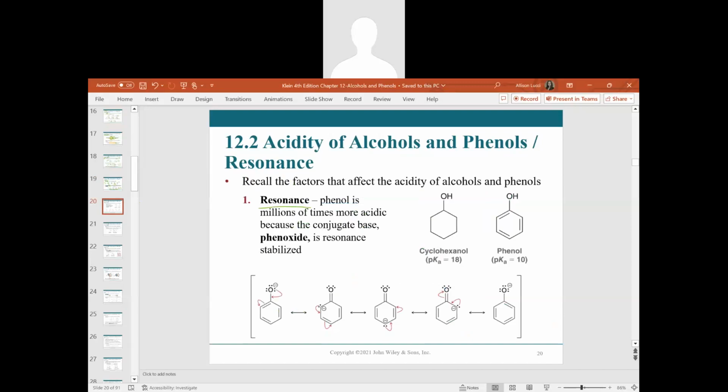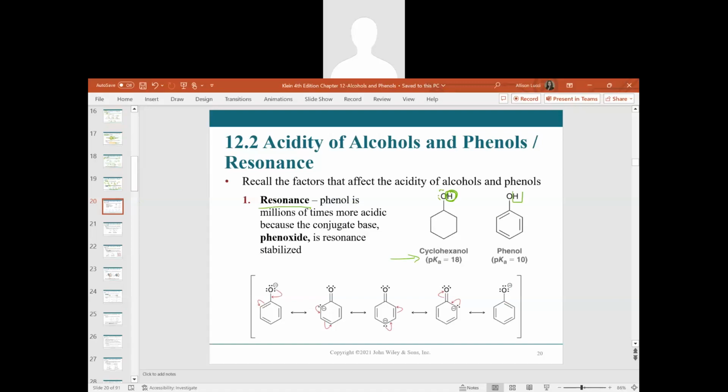If we were comparing whether resonance is possible for our conjugate base, that's how we can determine if we have a more stable conjugate base, right? So we have cyclohexanol, say we deprotonated this. We have all these lone pairs now on our oxygen, but we do not have resonance possible with the alkoxide conjugate base that results for cyclohexanol after it's deprotonated.